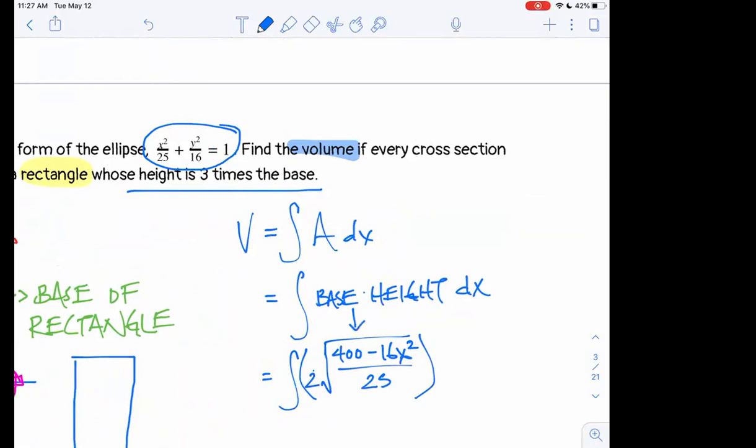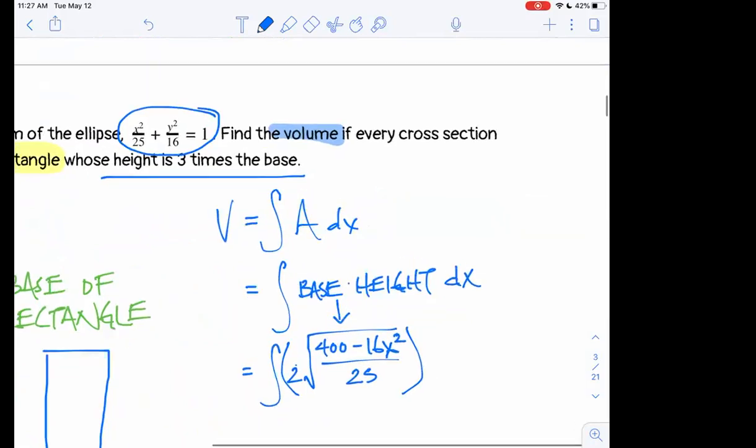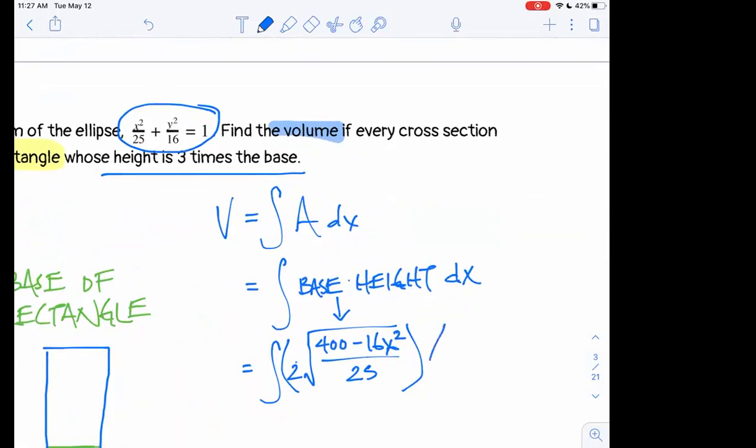It's the base of the rectangle. How do I use this to help me find the height of the rectangle? Multiply by 3. Multiply it by 3, exactly. So the only thing that's going to change is instead of a 2 in the front, we're going to have a 6 in the front, right? Because 2 times 3 gives us 6.